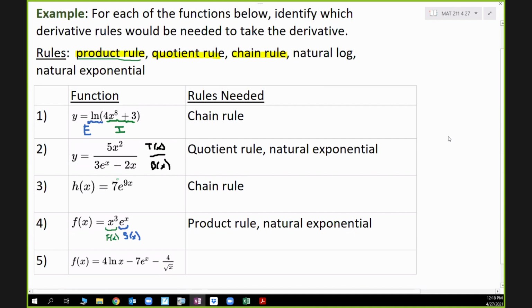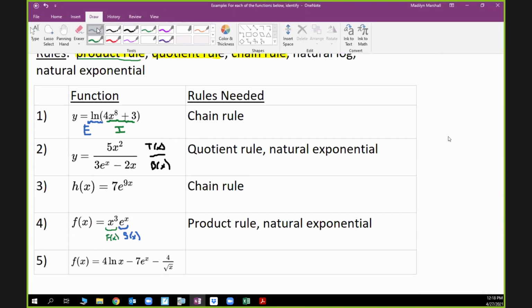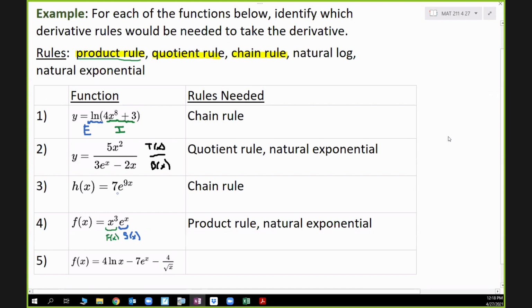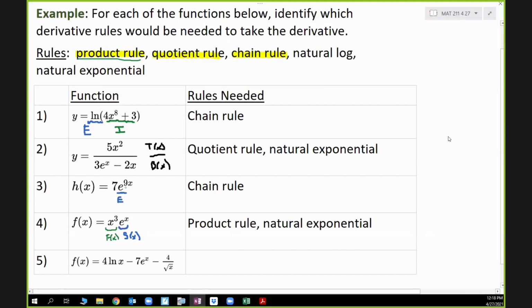Number 3, I think this one is a little bit harder to see sometimes as an exterior and interior. But the e in general, e to a power, that's going to be the exterior because there is an interior function in the exponent. So e is not a chain rule by default.